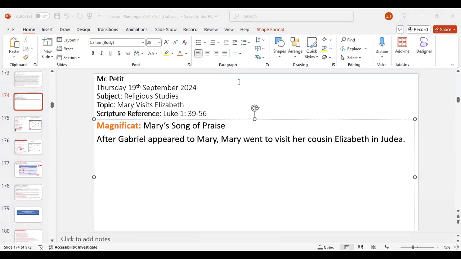Another possible reason was, remember, the angel Gabriel told her that Elizabeth also was with child. So she was probably going to see how things were going with Elizabeth, seeing that she's also pregnant. Something special happened when the two of them came together. Anyone know?